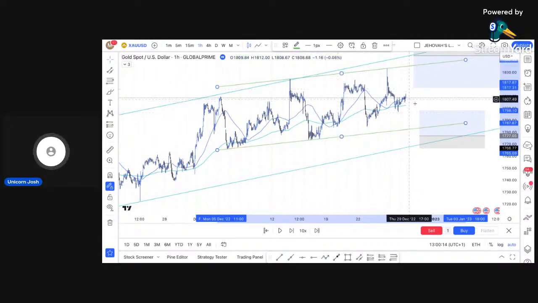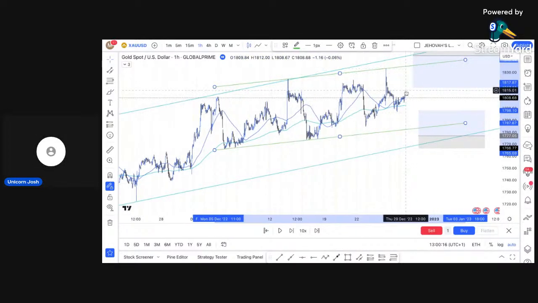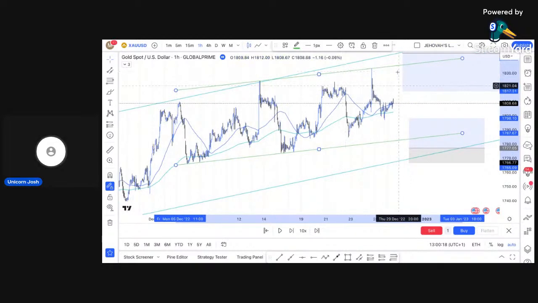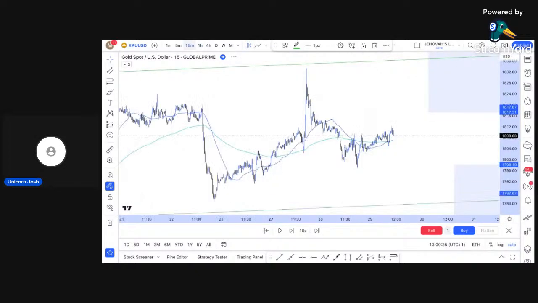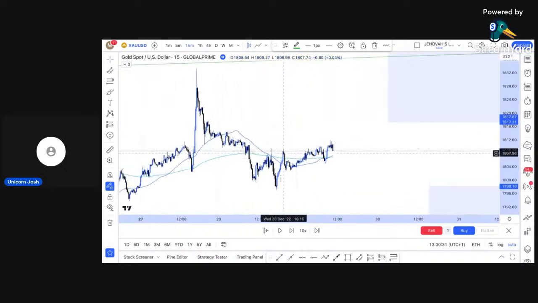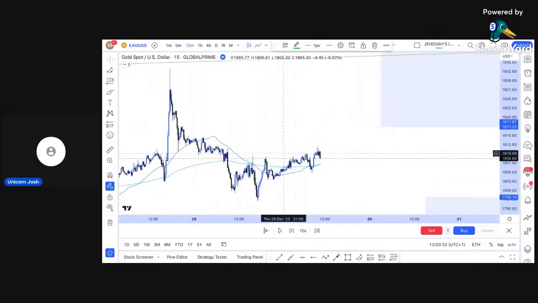It's also in the middle, and we have to observe closely when it enters the zone to determine its next most likely action. We have to observe more closely.